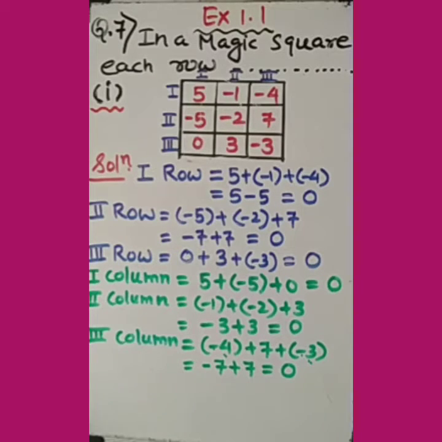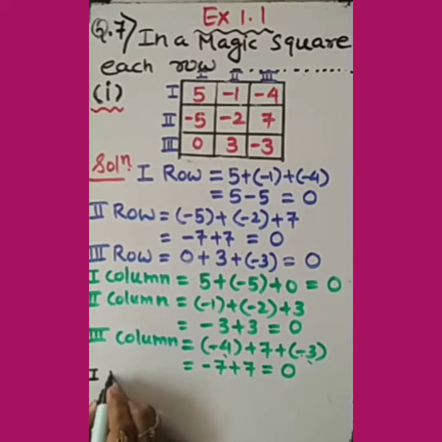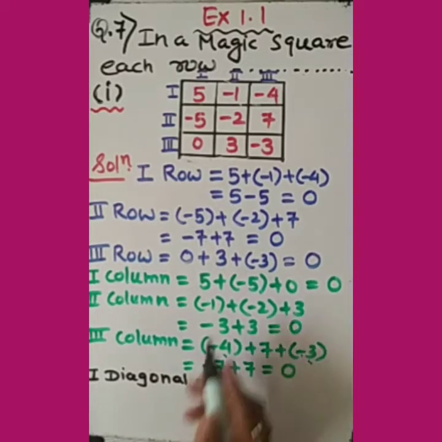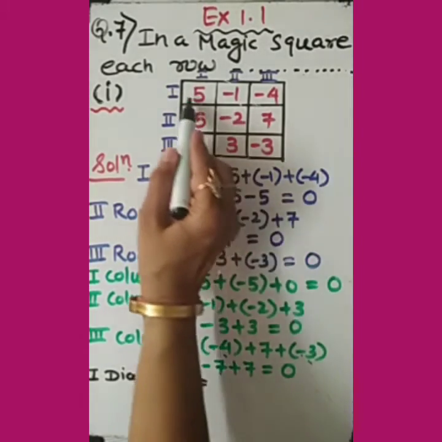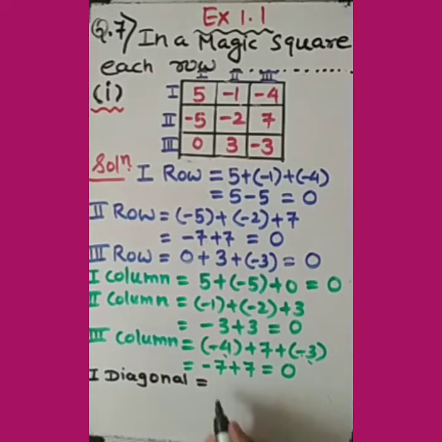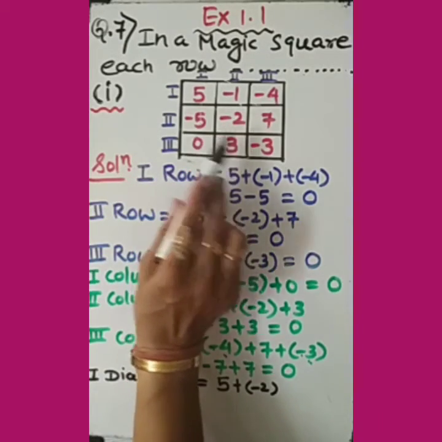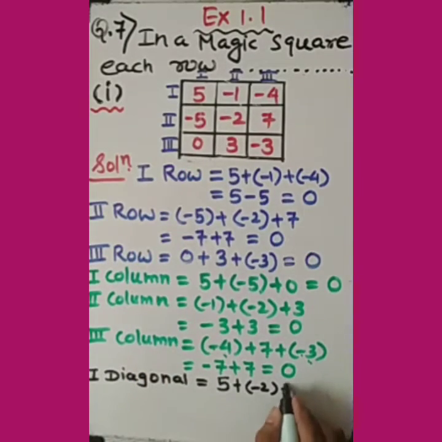But two more things. How many diagonals does this square have? Always remember a square has two diagonals. So we need to mention the first diagonal. First diagonal, this is the way we will calculate. The numbers are 5 plus minus 2 plus minus 3.